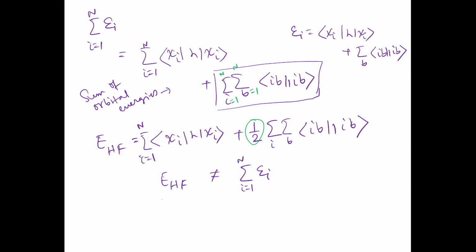Now let's go to Koopmans' theorem. Let's say we are denoting something. If you have N number of electrons, this is your N orbitals, and there are other virtual orbitals. We call this the virtual space, and we call this the occupied space.